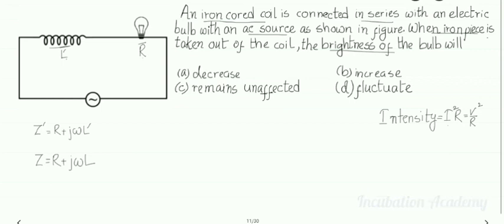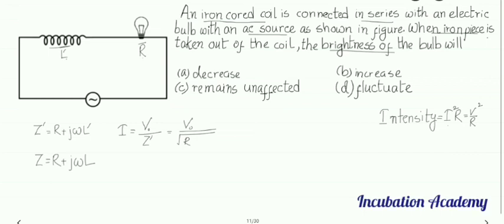When the iron core is inserted within the coil, the current should be written as the peak value of the voltage source divided by the impedance. So I am writing down V naught divided by root over of R square plus omega square L prime square.